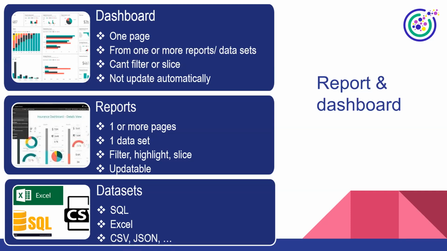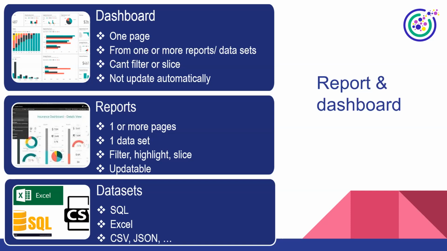And the final level is the dashboard. A dashboard is different from reports. A dashboard has only 1 page, and we can pin items from different reports. So it's from 1 or more reports, and we can build a dashboard using several data sets.